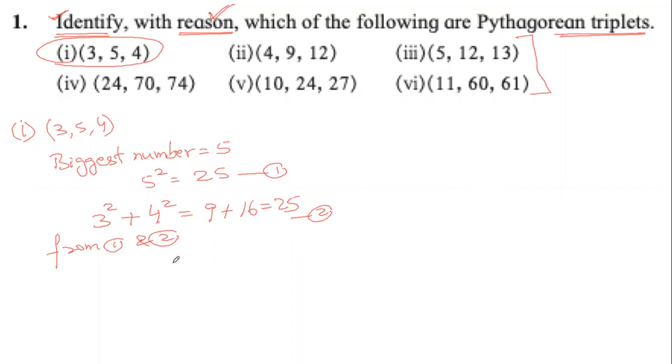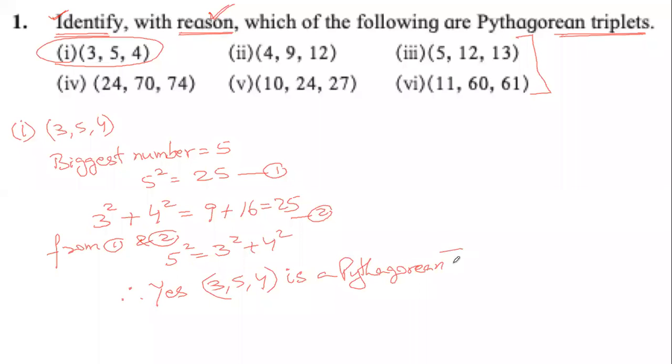So that is exactly what we have to write. You can write 5 square equals 3 square plus 4 square. Then we will write yes, therefore yes, 3, 5, 4 is a Pythagorean triplet.